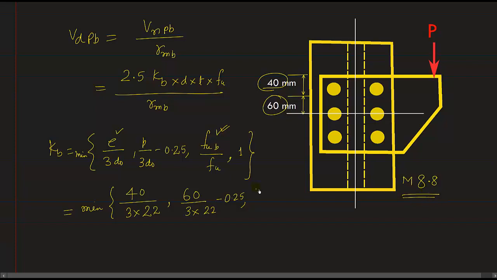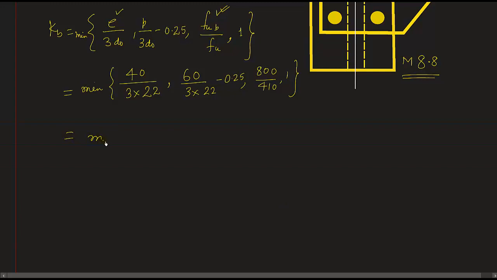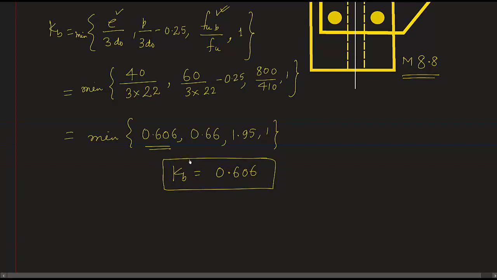So this is 800 divided by 410, and this term is 1. So we have to find the minimum of all this. If I do this calculation, this turns out to be 0.606, 0.66, 1.95 and 1. So the minimum of this is 0.606. So the Kb value is 0.606.